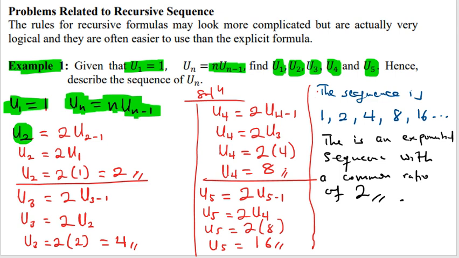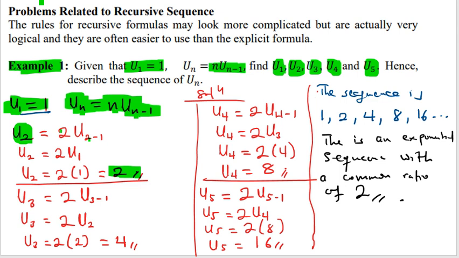Then u2 minus 1, so 2 minus 1. We are going to have u2 equal to 2 times u1. Then we can see that u1 is 1. So we substitute that inside, and we have u2 to be 2.